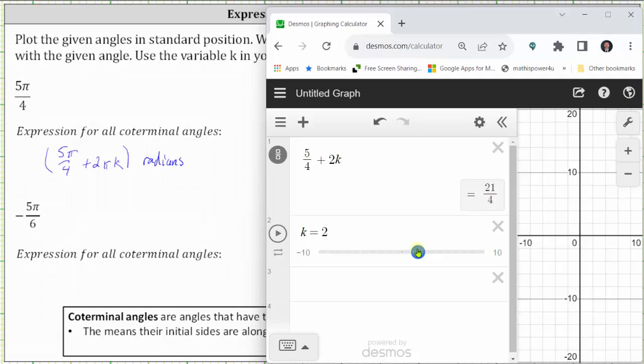Next we have 21/4 pi, and so on. So we can't include the pi in the calculation if we want the exact value of the coterminal angle. We have to do it this way, then include the pi in the final answer. And when k is negative, we can find negative coterminal angles. Again, just by including the pi on the fraction.